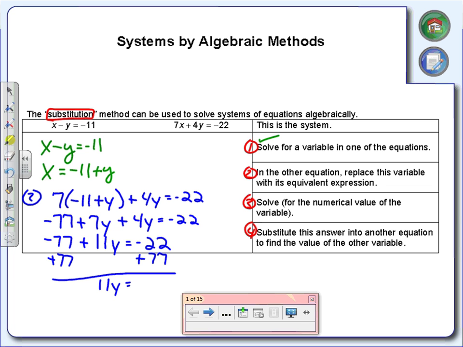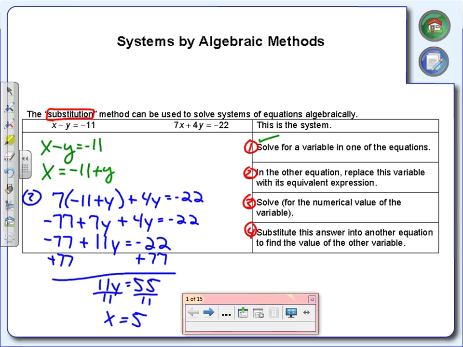Negative 22 plus 77, what is that? 55. And the last thing I'm going to do is divide by 11. So 55 divided by 11 is a 5. So the y value is 5.